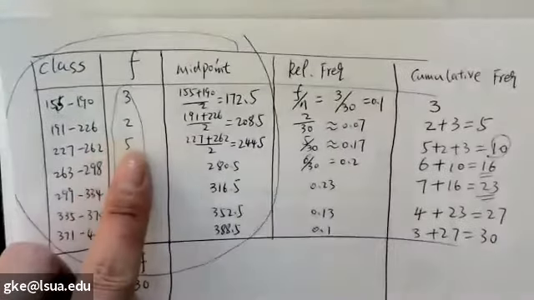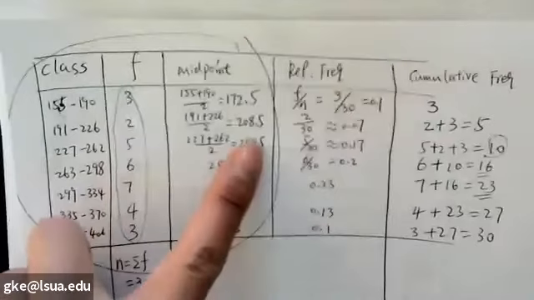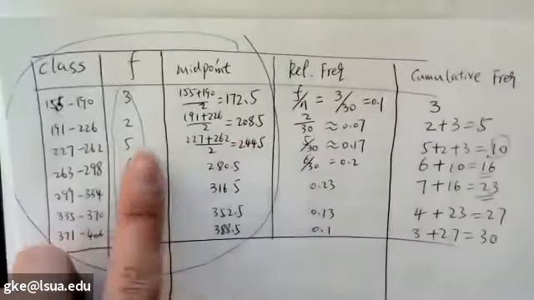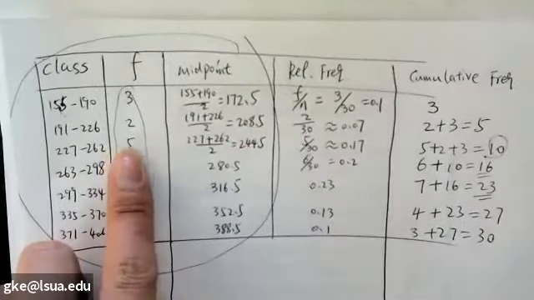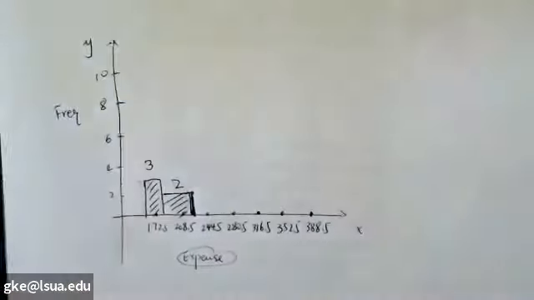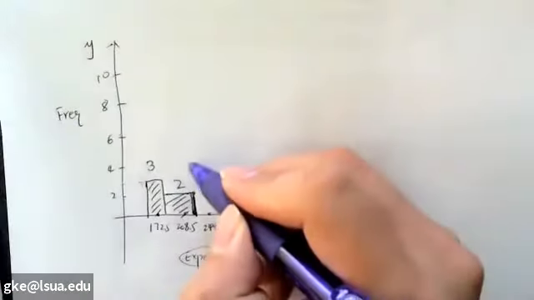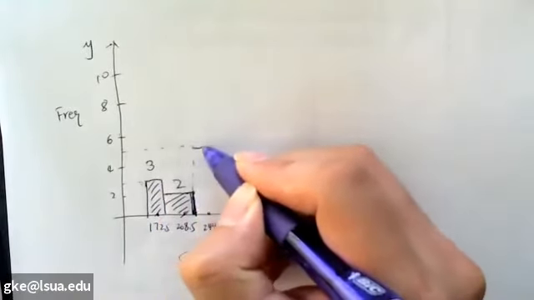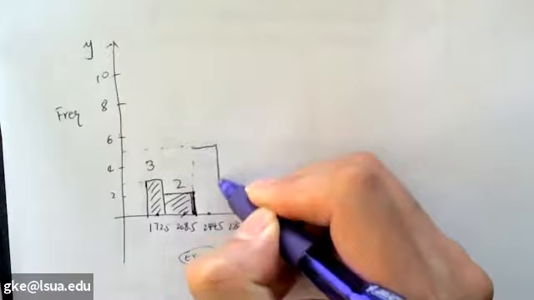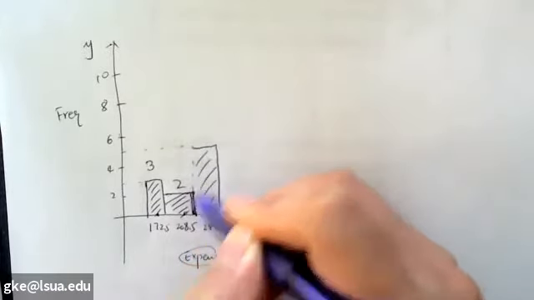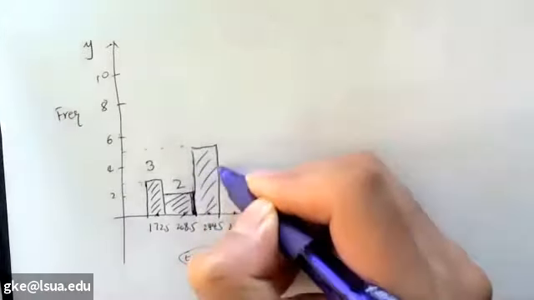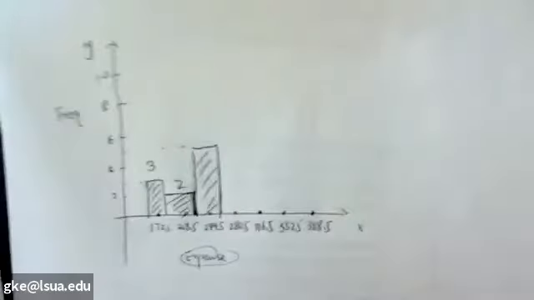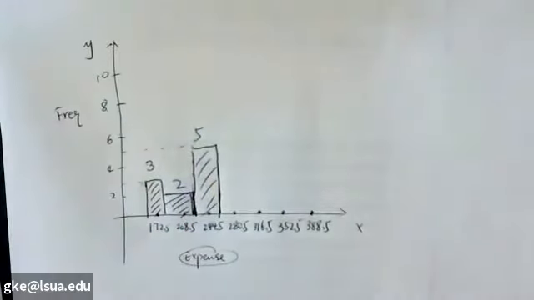And the third one is 5, right? This middle point corresponding to the frequency is 5.